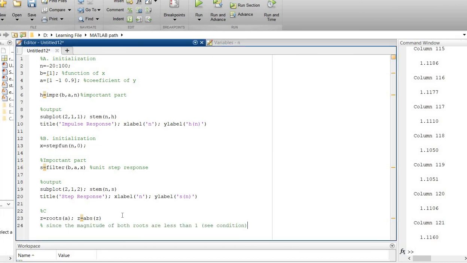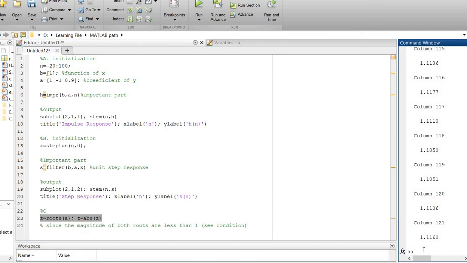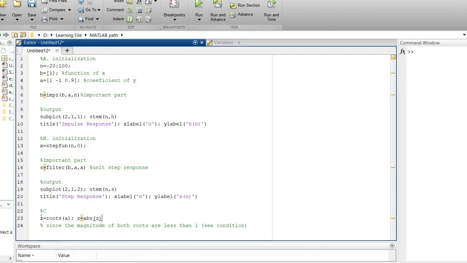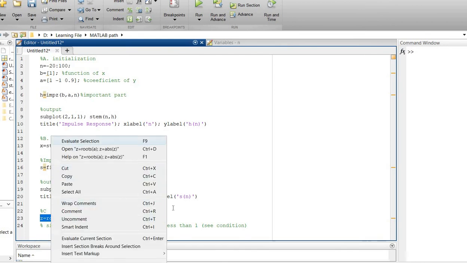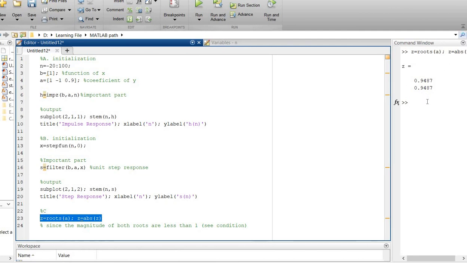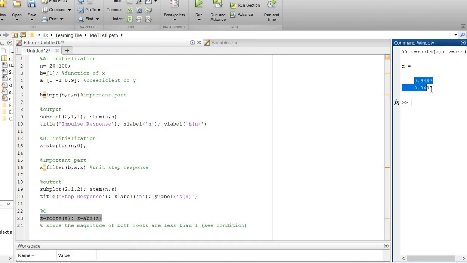Let's try to run this. We're going to clear this first. Okay, let's run this one. As you can see, when you run the code, the result would be this one.